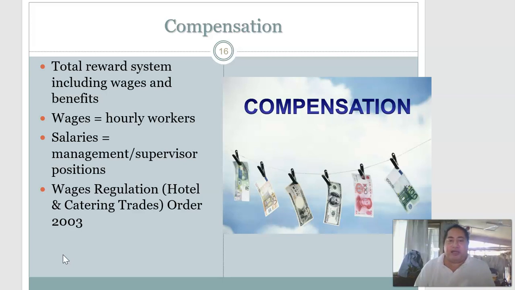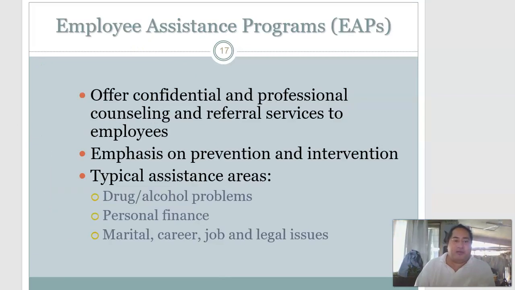You look at other types of benefits. And remember, we talked earlier about the wages regulation, the minimum wage rate for particular jobs in an organization, especially in the hotel industry. So a supervisor, a rank and file or operational worker, and a manager all get different wages according to their contribution to the organization. You've got to match that with what they contribute.